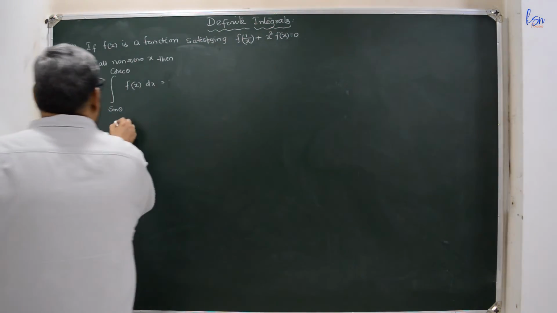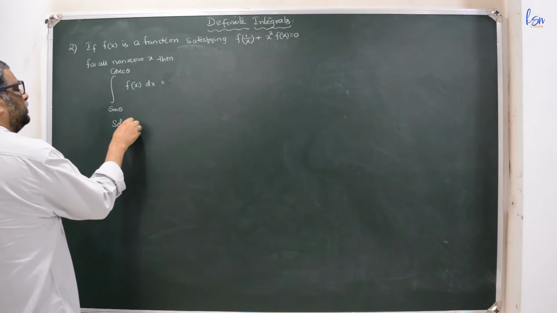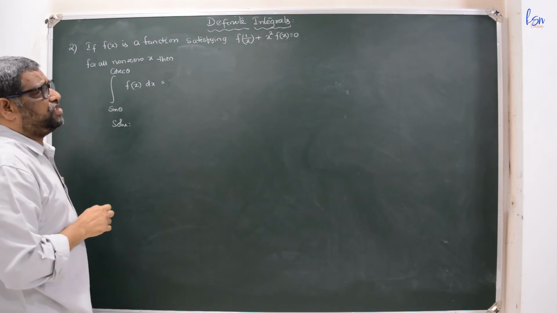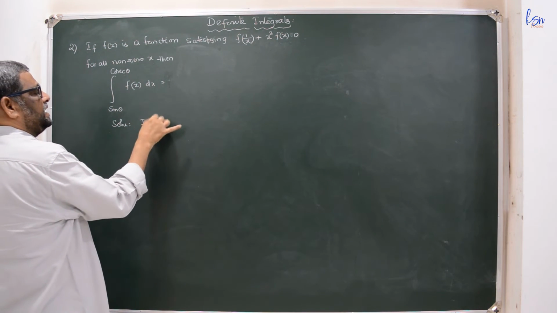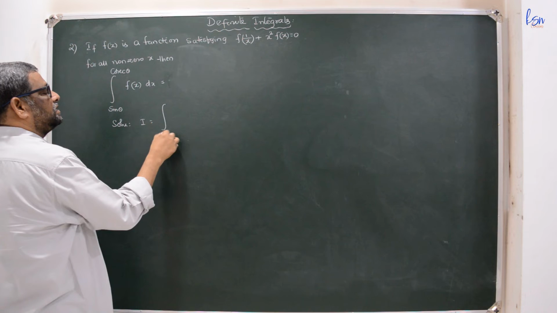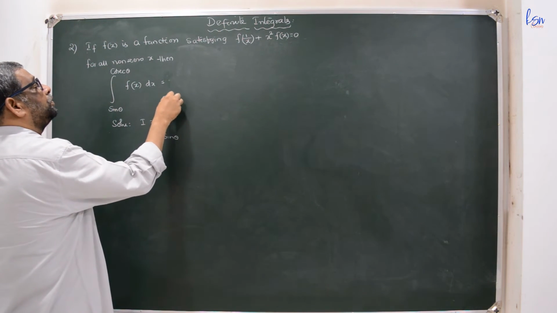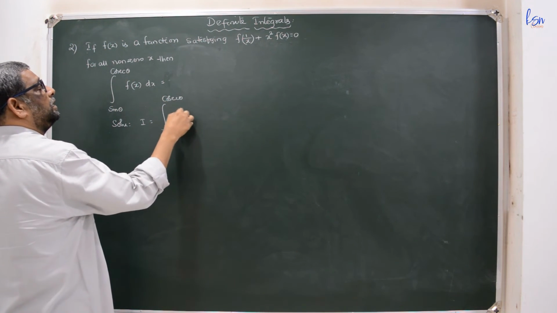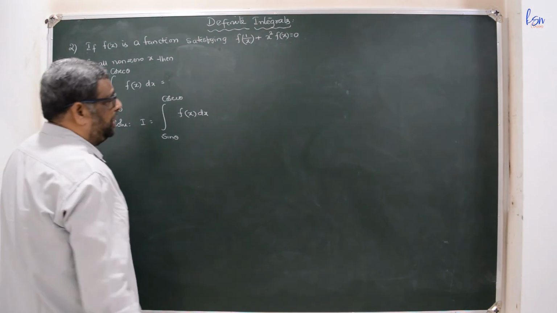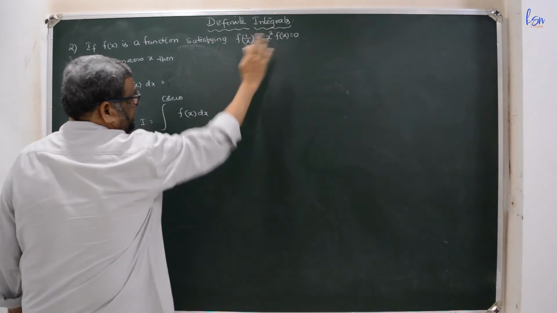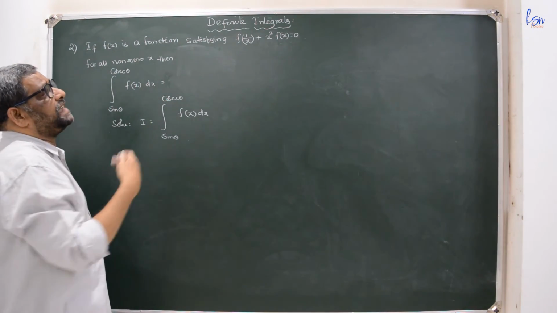Now here we have to make use of the functional equations. Let us call this I is equal to integral sin theta to cosecant theta f(x) dx. Here we are not aware of f(x), but it is an equation given in terms of f of 1 by x and f(x).